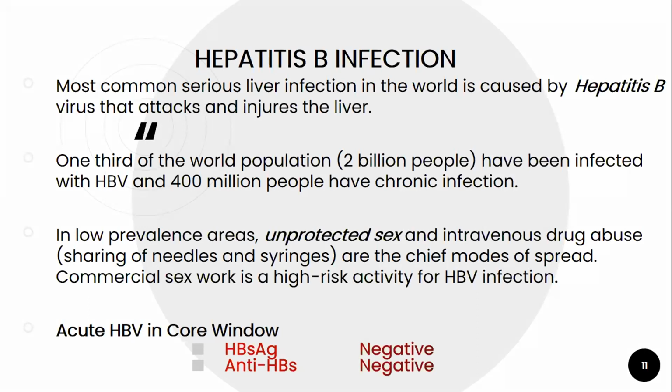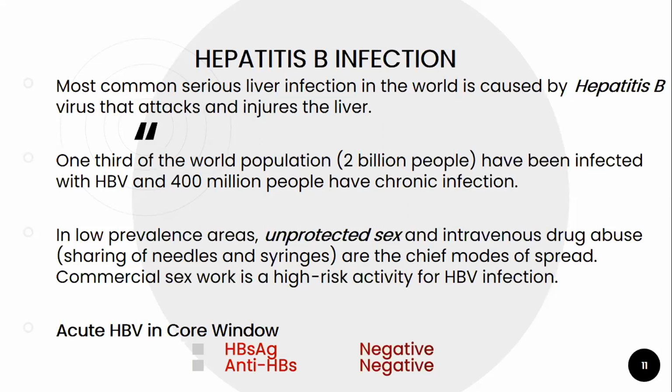Our basis for the diagnosis of acute hepatitis B infection in core window is that the primary route of spread of infection of this virus is through unprotected sex and intravenous drug abuse, such as sharing of needles and syringes. These are the chief modes of spread.